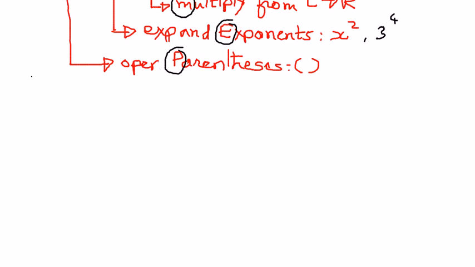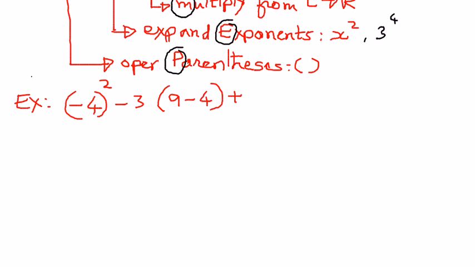In here, let us take a simple example of this nature. Negative 4, the whole thing raised to the power of 2, minus 3 times 9 minus 4, plus negative 6, like that.